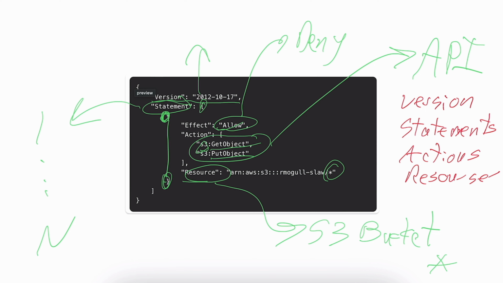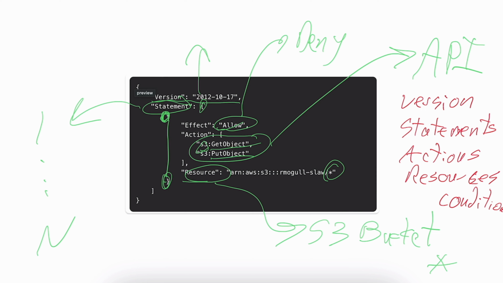There's also conditions, which we're not going to get into today, because conditions is where you get into a lot of the more advanced stuff that starts becoming more fun and gives you a lot of the extra power and granularity of AWS policies.